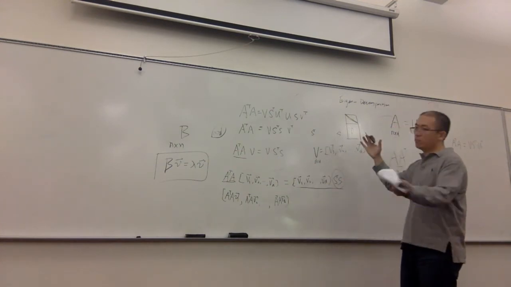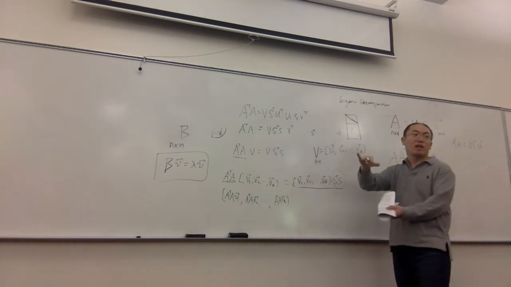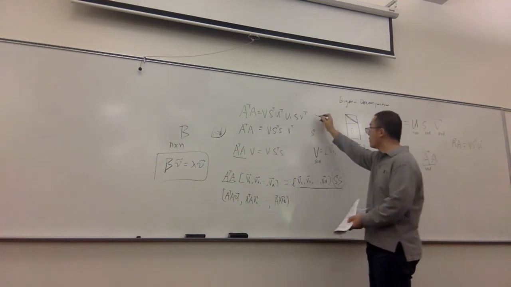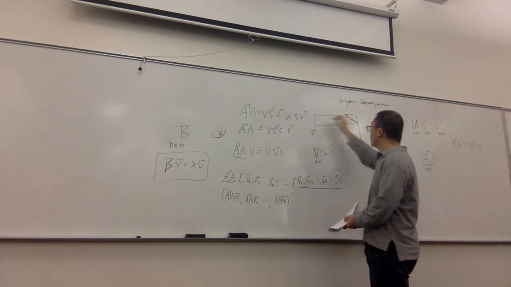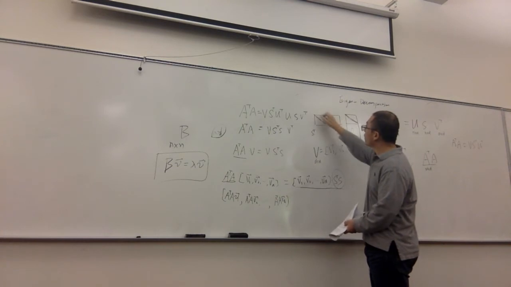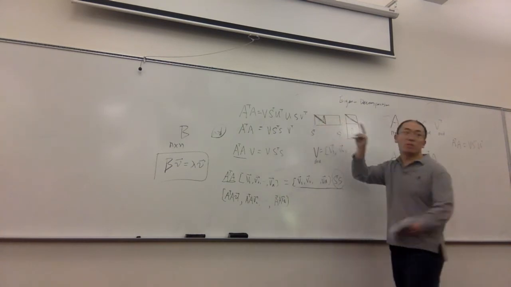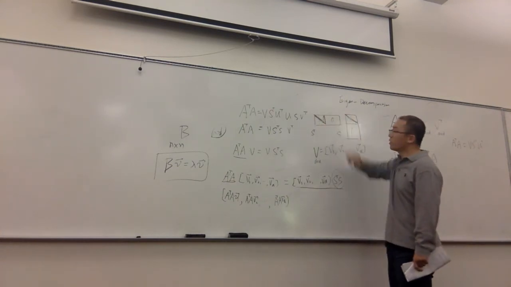So it looks like this. The singular values will stay here, in a d by d submatrix, and this part is 0.